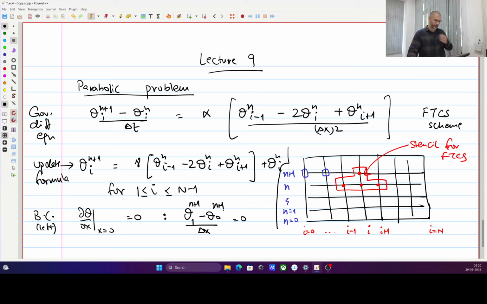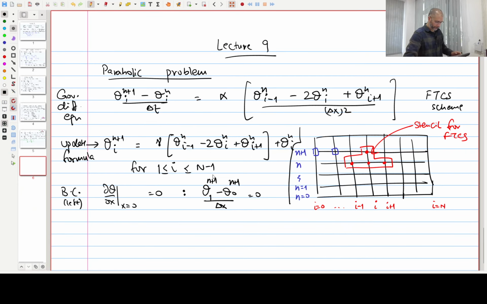So the update formula had a total of N minus 1 equations. Now we have one more equation. Now let's do the boundary condition on the right hand side.